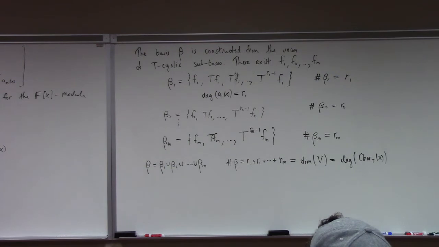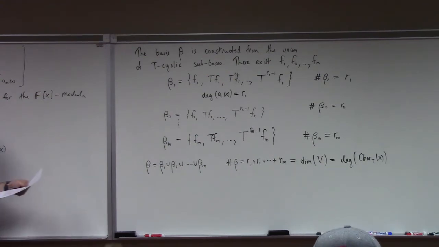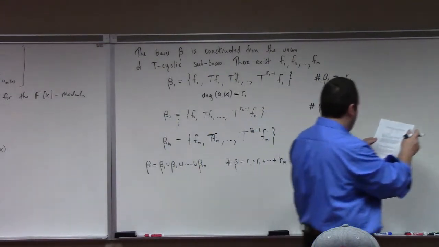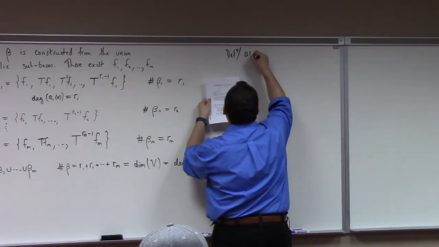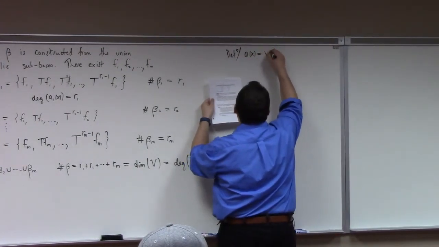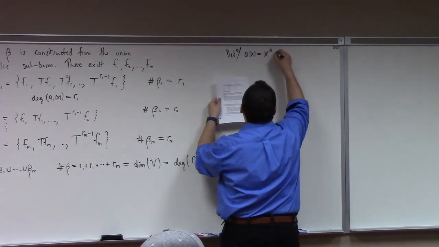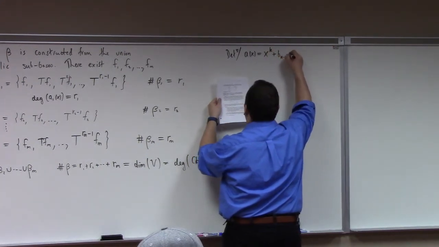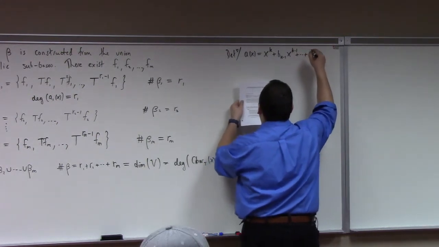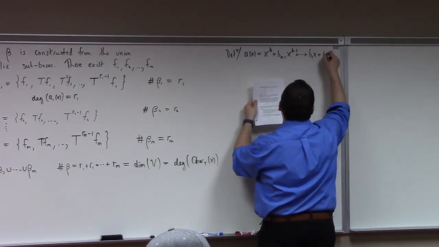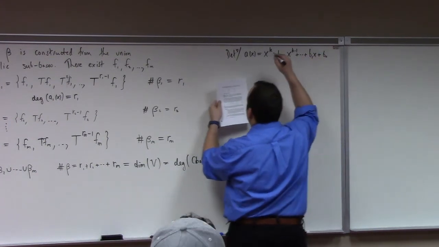Okay, so the companion matrix, just to give you a specific rundown there. If we have a of x equal to x to the power k plus b sub k minus 1 times x to the power k minus 1 plus ... plus b1 x plus b0, all right?